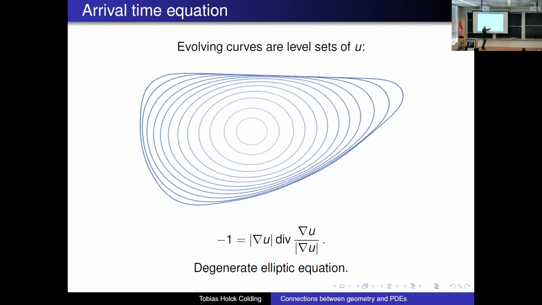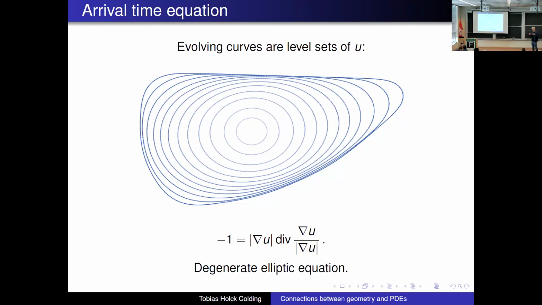This is easier to see if you rewrite this equation as the Laplacian minus the Hessian of the function in the normal direction. If you write it like this, then it's clear that it's degenerate. So it's nonlinear, it's degenerate. None of these things are great, but this is forced upon you.